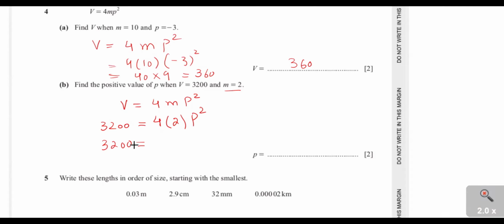We shift this value from the right to the left side, and this becomes 3200 divided by 8. 8 times 400 is 3200. Therefore, we can write p squared equals 400, and p will be equal to the square root of 400, and the square root of 400 is 20. Therefore, the answer will be 20.